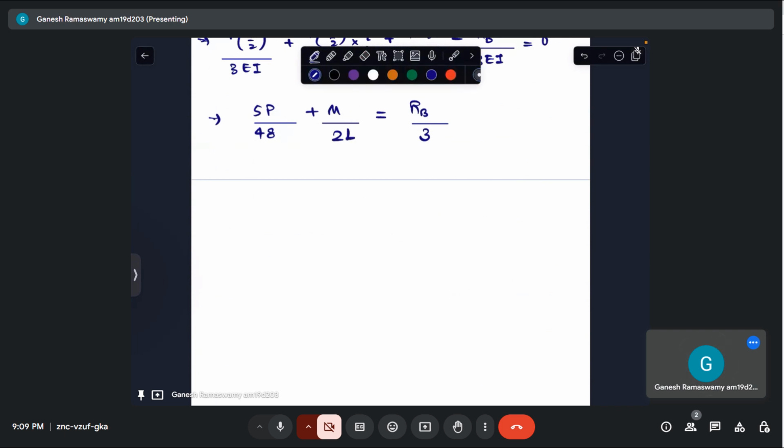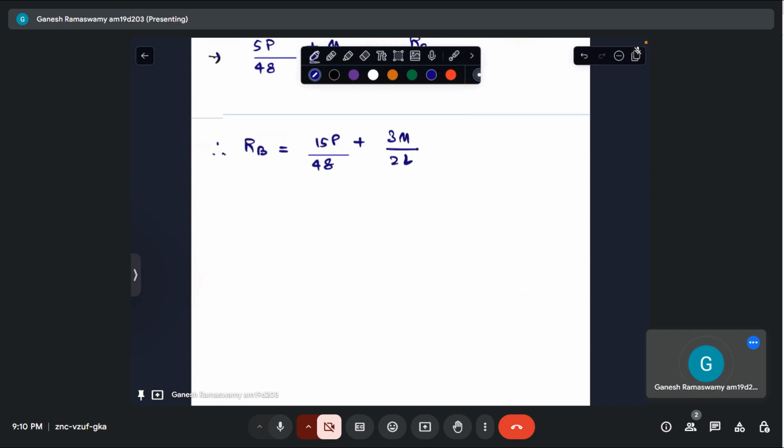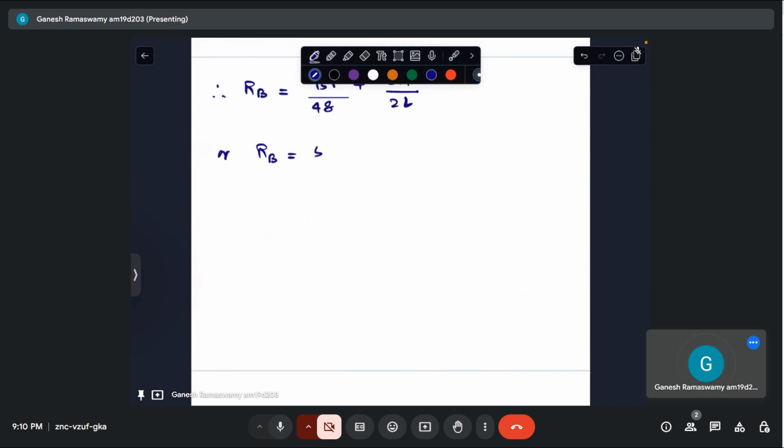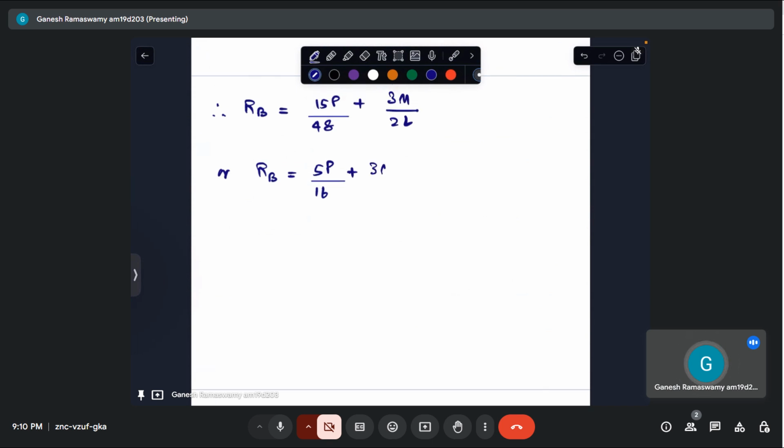So basically I'll get 2 by L. So therefore RB is nothing but 15P by 48 plus 3M by 2L, or in other words RB is 5P by 16 plus 3M by 2L. So this is what we have got using superposition.